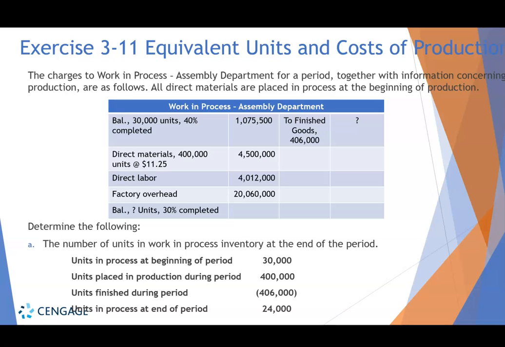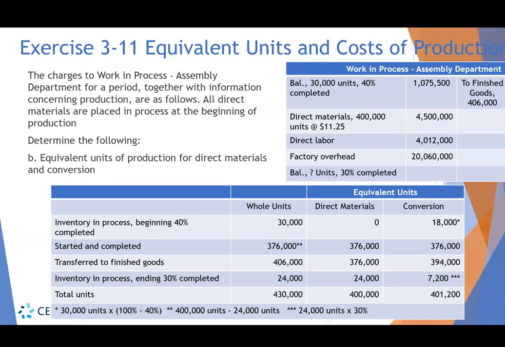That's 430,000. If we transferred out 406,000 during the period, you see it went to finished goods. We know we had to have 24,000 units in work in process at the end of the period.